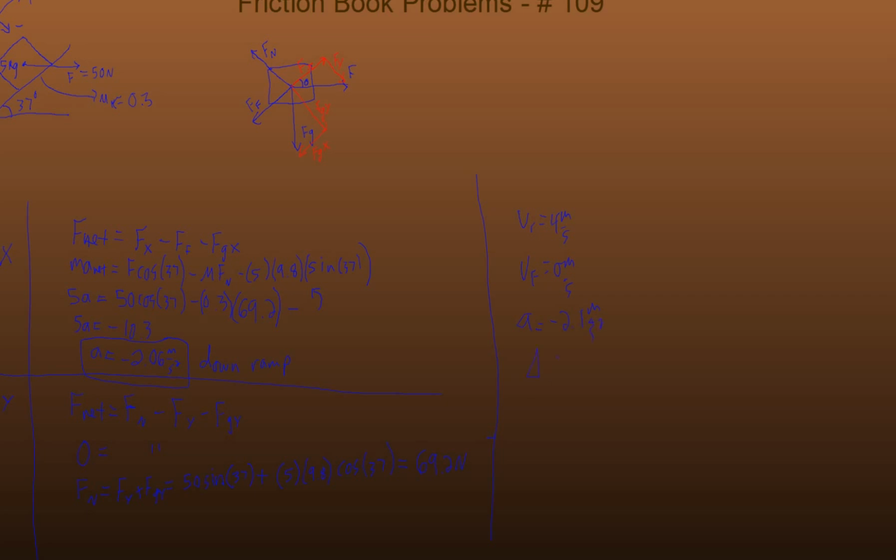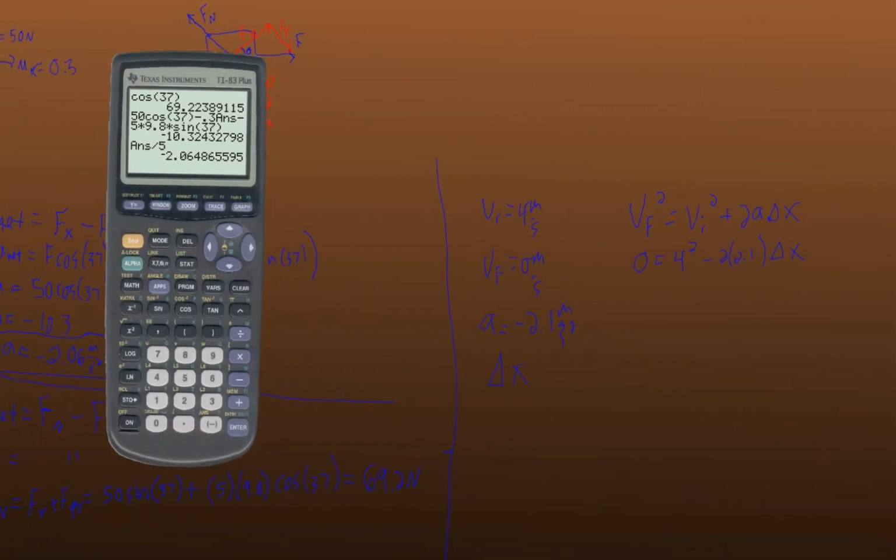What's delta x? So we can use this equation, v final squared equals v initial squared plus 2a delta x. This is 0 equals 4 squared minus 2 times 2.1 delta x. Let's solve that.